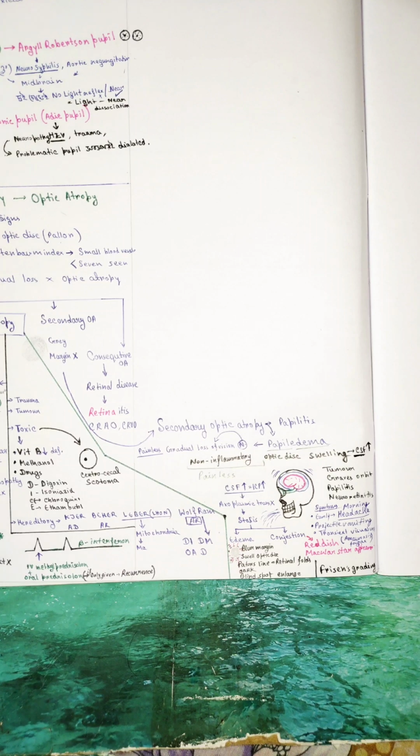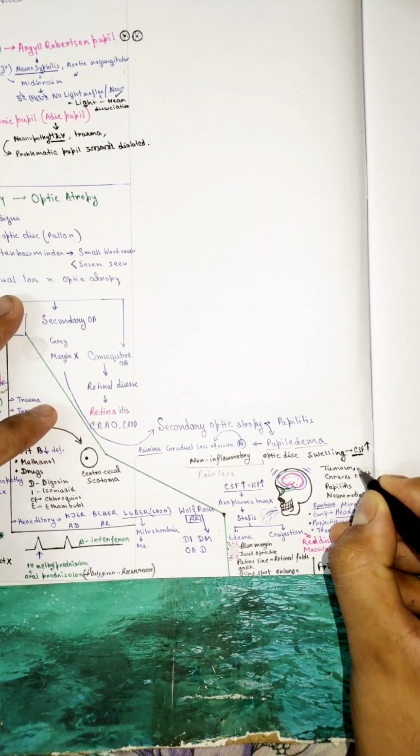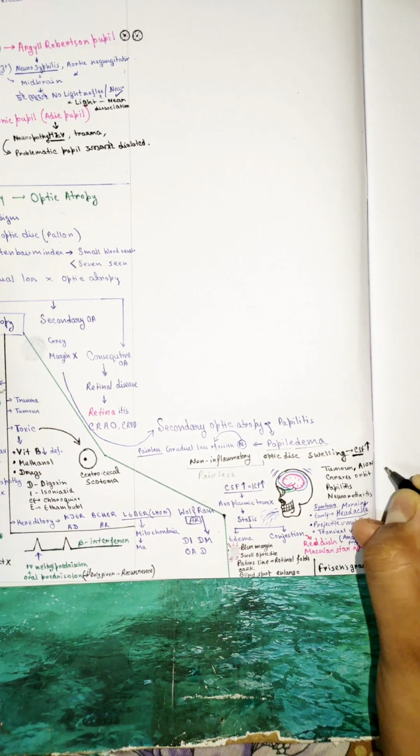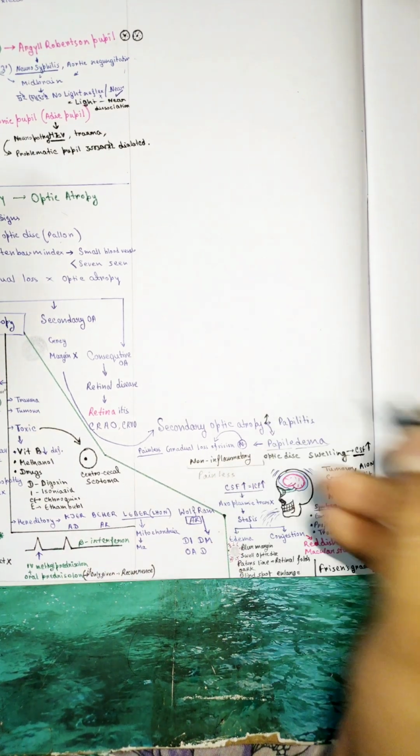Now comes another thing, reasons of papilledema. There are two others, that is AION. What is AION? It is also a secondary optic atrophy.